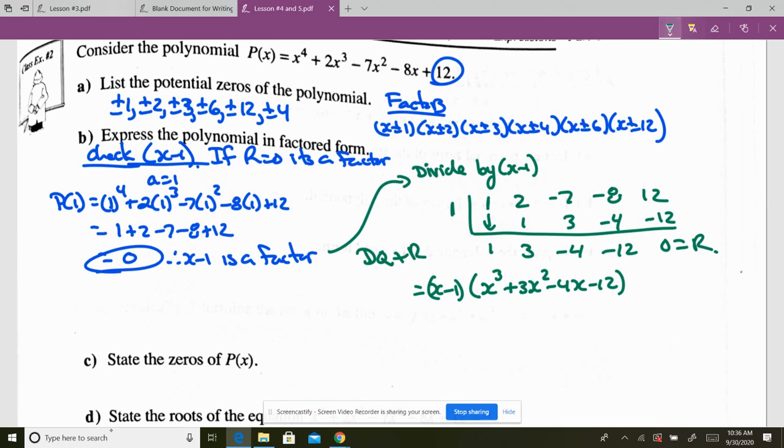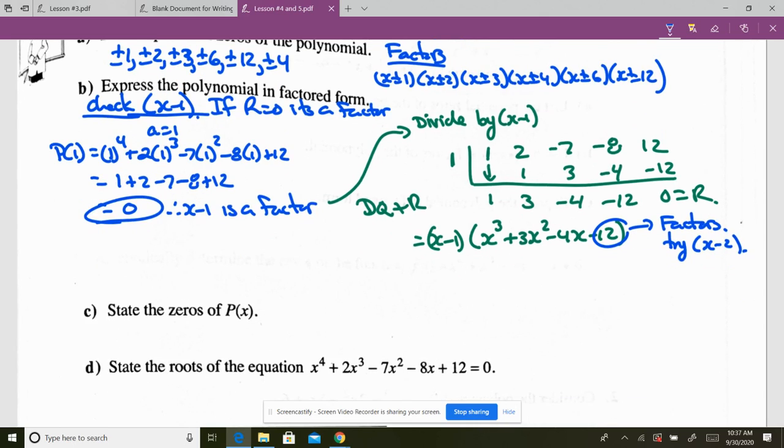So I won't ask you this on a test because this could get really tedious. But you would look at the factors of this. Okay? Which it turns out are the same as the ones we used before. Okay? So I'm just going to say try x minus 2 because I know that works.